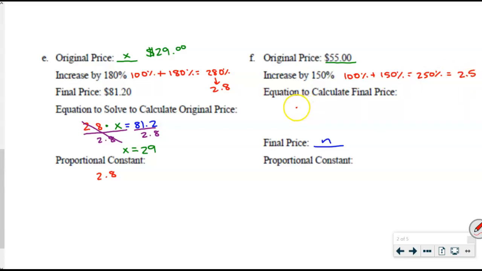What is that equation? 2.5 times, I do know the original amount this time, so multiply that by 55. And it gives me the new thing that I'm trying to find. Again, notice, here it said equation that we have to solve in order to calculate the original price. Here it's the equation that we just have to calculate. It's already solved and it's already by itself. And 2.5 times 55 is equal to, thank you, Trace.